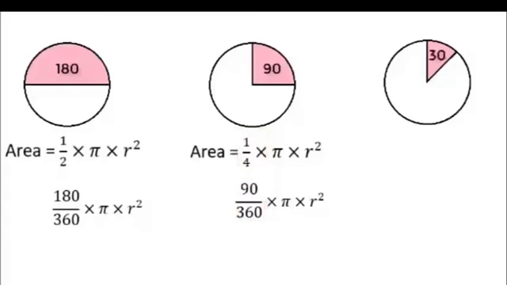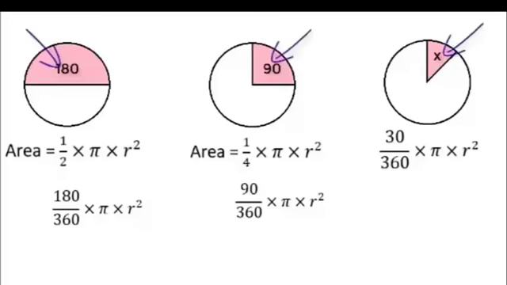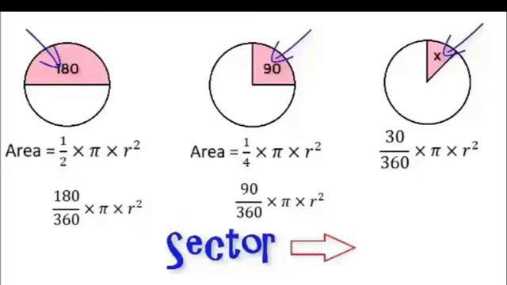In the third case, if the angle is 30 degrees, we use the formula the sector angle by the circle angle times pi r squared. So 30 by 360 times pi r squared. If we name the angle of the sector by x, then we generalize the formula of the sector area as x by 360 times pi r squared.